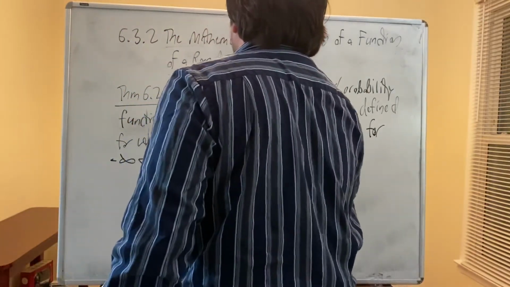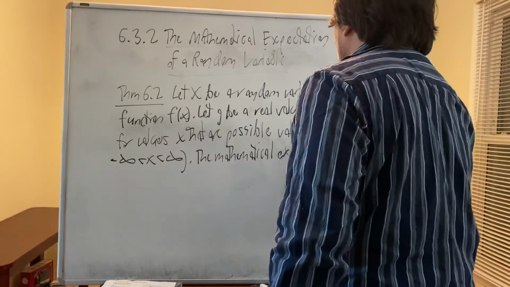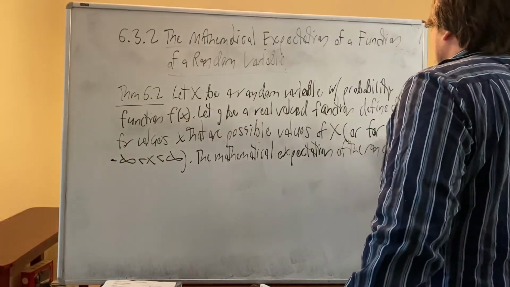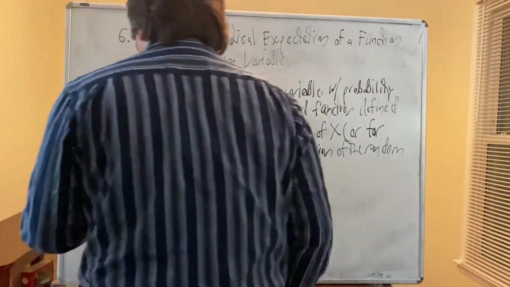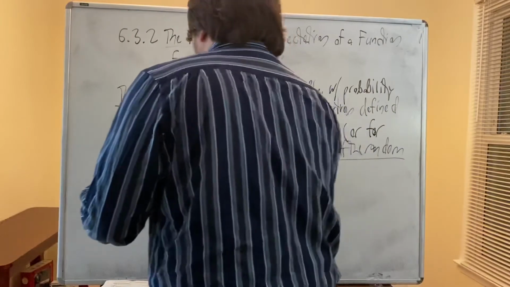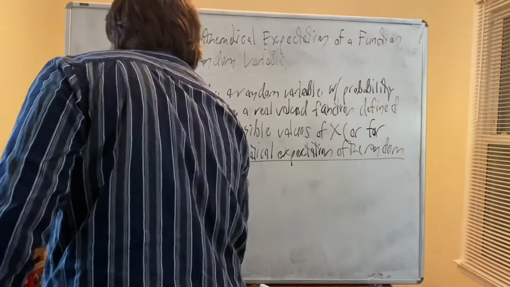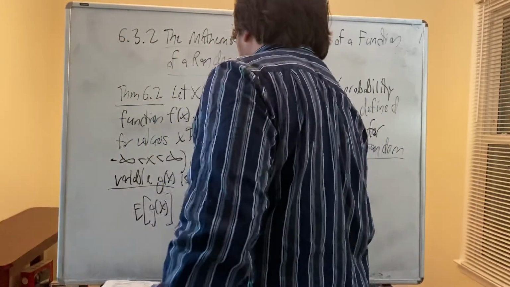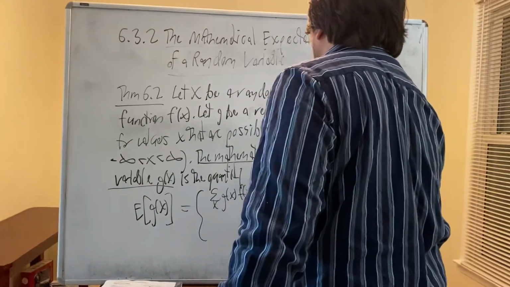The mathematical expectation of the random variable g of x is the quantity E of g of x, which is equal to the sum over x of g of x f of x if x is discrete.